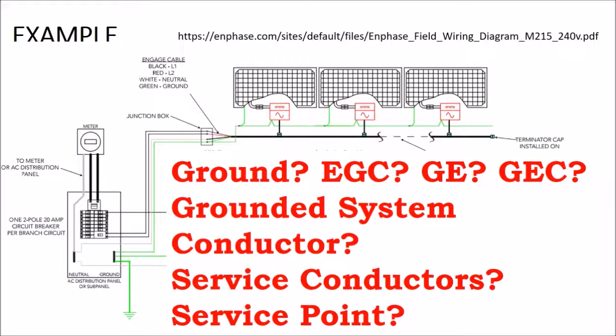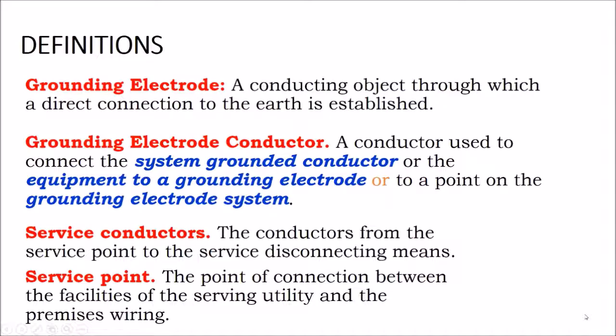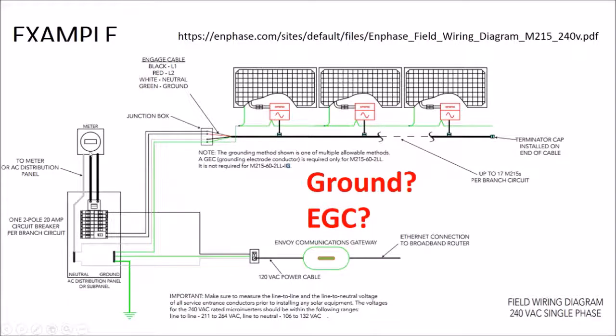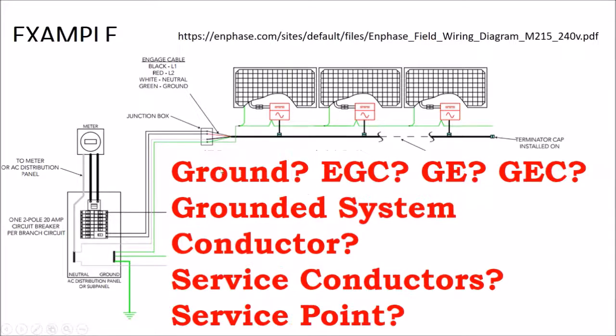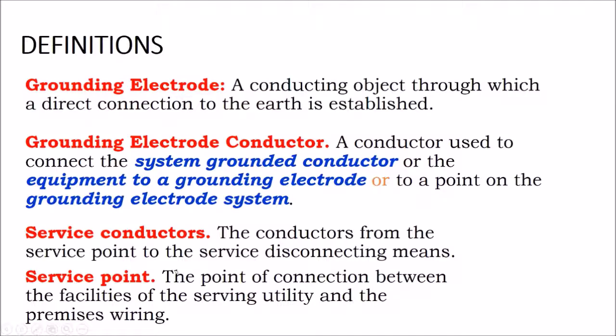Service conductors. What's the service conductor and the service point? Service conductors are the conductors from the service point to the service disconnecting means, and the service point is the connection between the facility serving utility and the premise wiring. And so here we have our electric meter, and then we have our premise wiring, and often that meter is considered the disconnect and the service point.